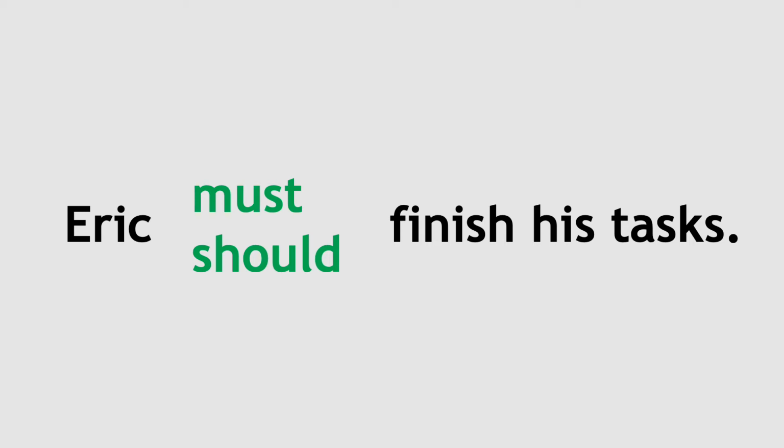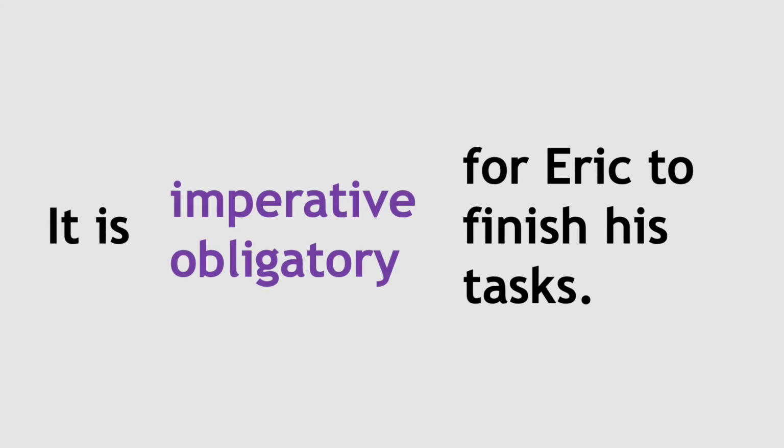For the higher modality, we can say Erik must finish his task, or a little bit lower, Erik should finish his task. So we can replace these modal verbs with imperative or obligatory as adjectives and say it is imperative for Erik to finish his task, or it is obligatory for Erik to finish his task.